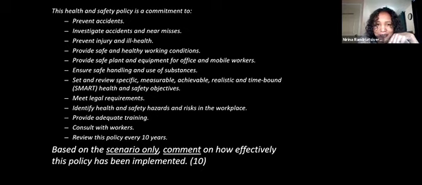So where are the 10 marks in that? 10 marks means you need to provide a longer answer than that. So the easiest way is to go through these points one by one and comment whether they were effectively implemented or not, using information from the scenario to support your answer.